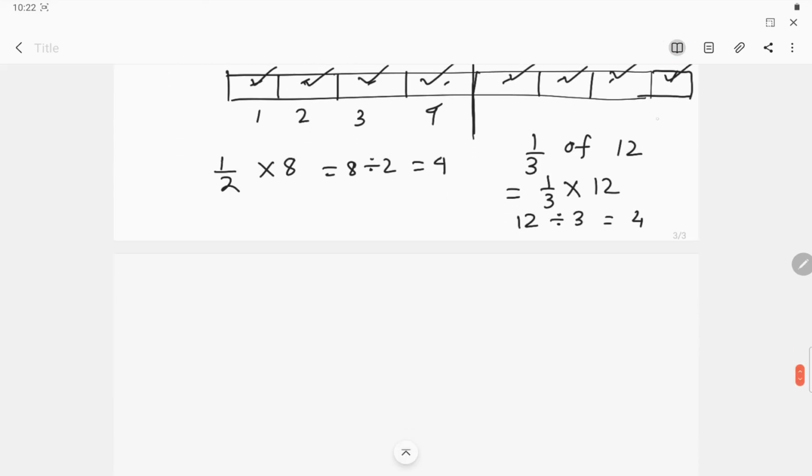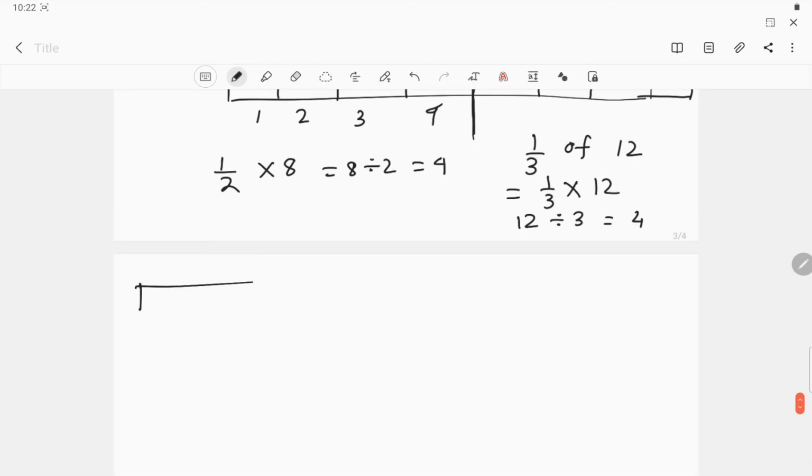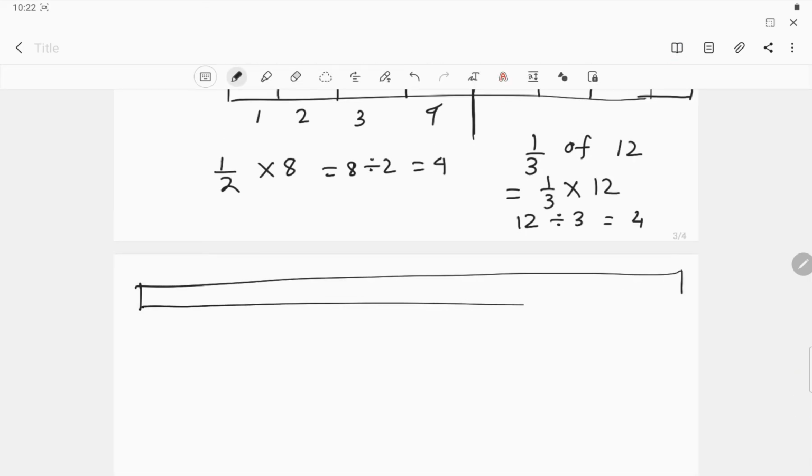That means for 1/3 of 12, you have 12 equal portions: 1, 2, 3, 4, 5, 6, 7, 8, 9, 10, 11, 12. And you need 1/3 of 12.